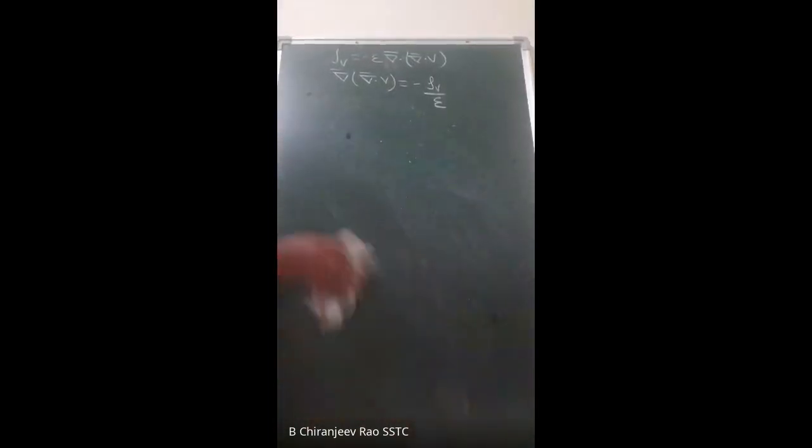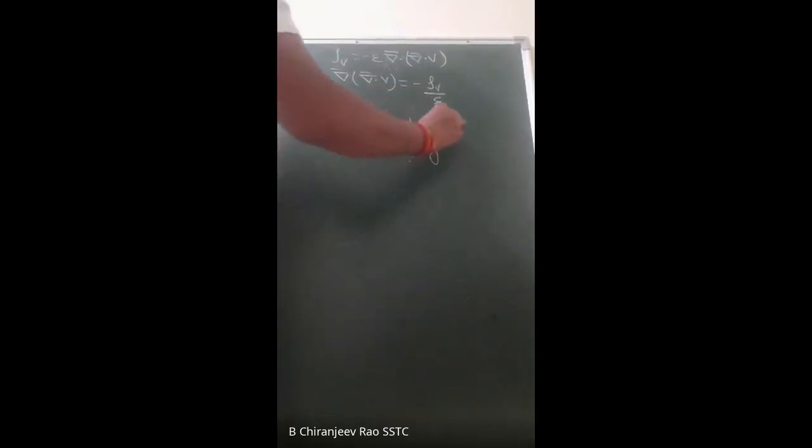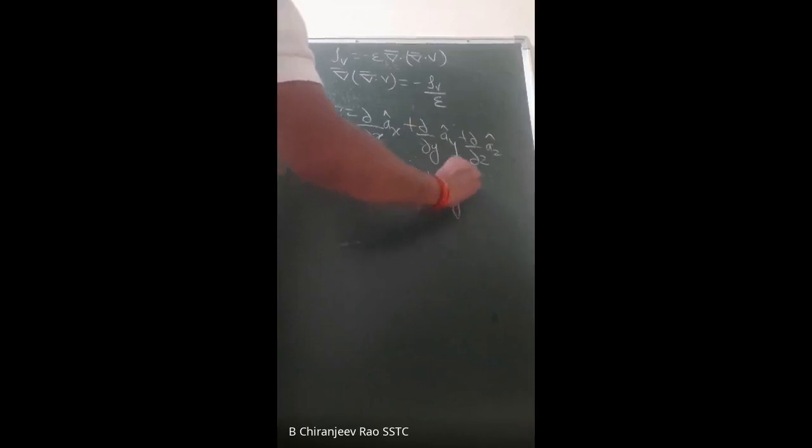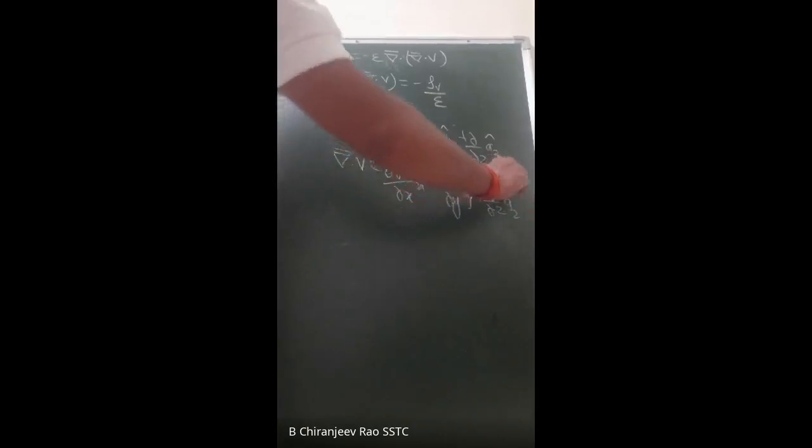By the definition of the vector operator, we know that the vector operator is equal to del by del x ax plus del by del y ay plus del by del z az. And the gradient of V is equal to del V by del x ax plus del V by del y ay plus del V by del z az.